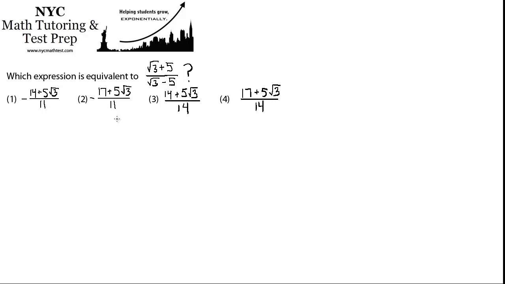So if you're thinking a good way to start would be to figure out how to rationalize that denominator, then you have the right idea. So that's what we're going to do. So how do you rationalize the denominator of something that has such a form where it's rad 3 plus 5 over radical 3 minus 5?